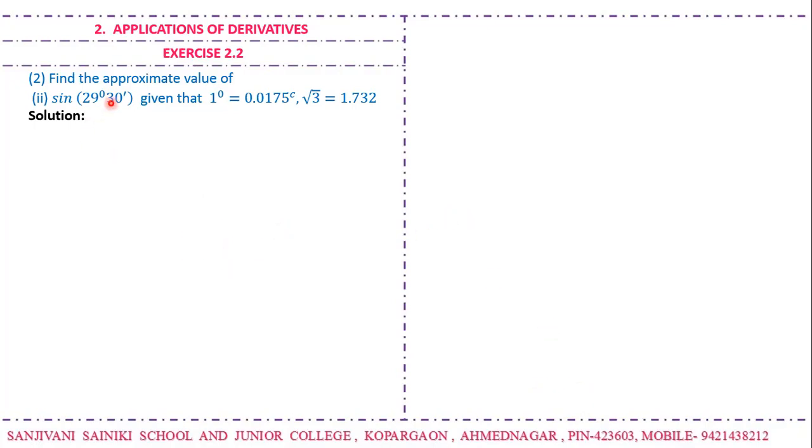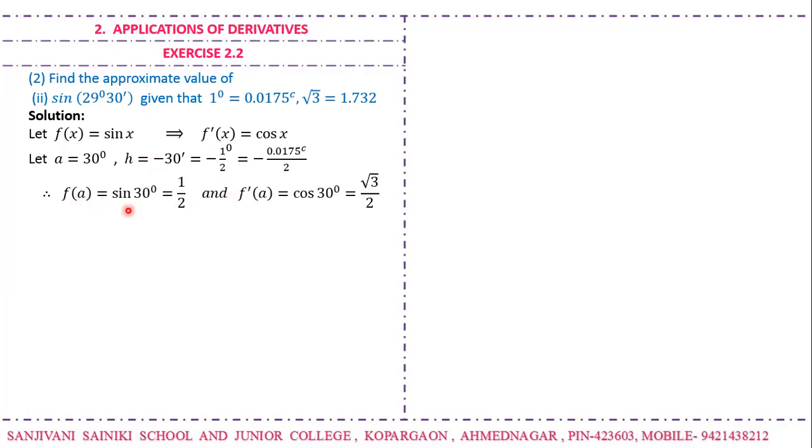Similar to this previous example, sine 29 degree and 30 minutes. So 30 minutes is same as 0.5 degree. Now I am choosing a as 30 degree because I don't know the sine 29 degree, but I know the value of sine 30 degree. So I will choose a as 30 degree and h as minus 30 minutes, that means minus 1 upon 2 degree.